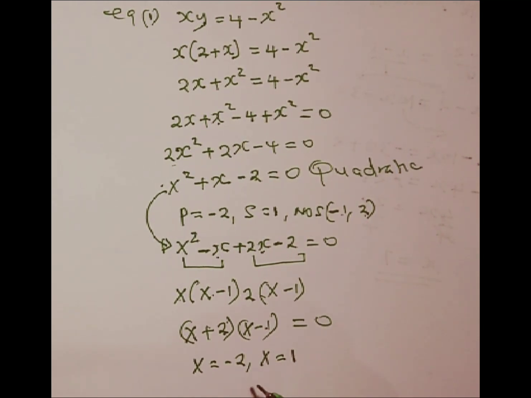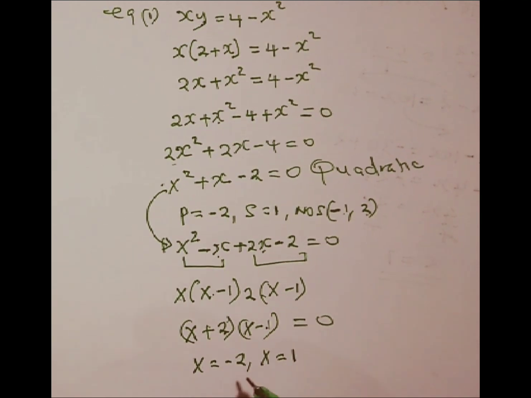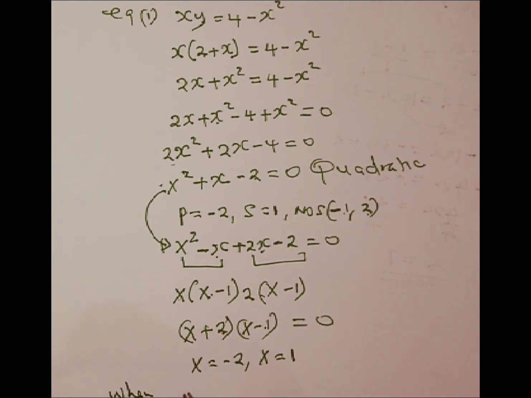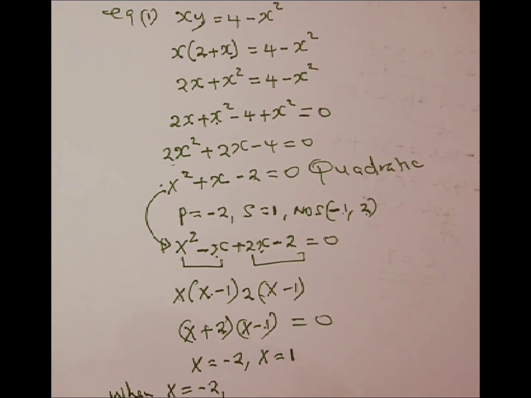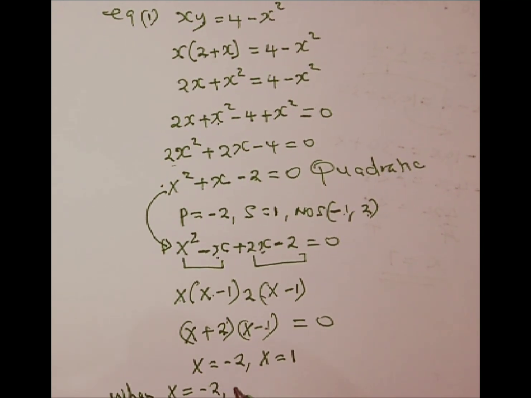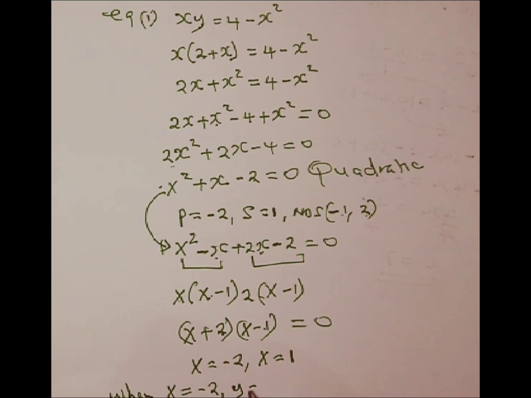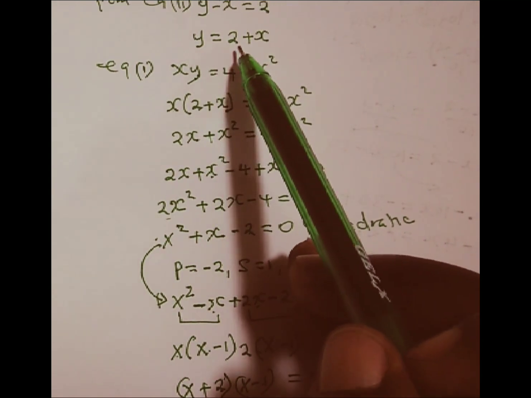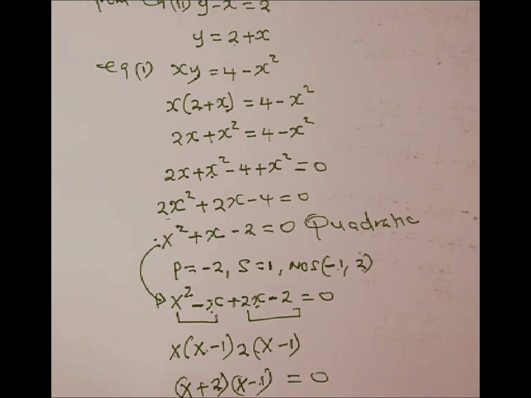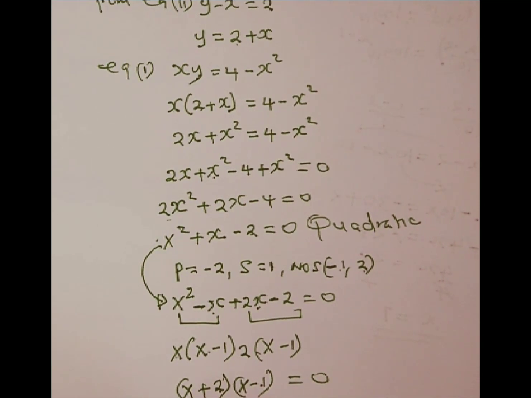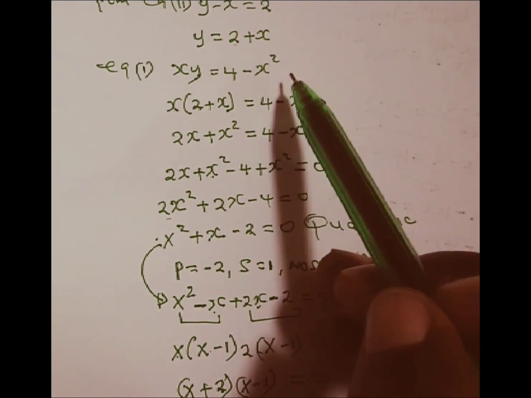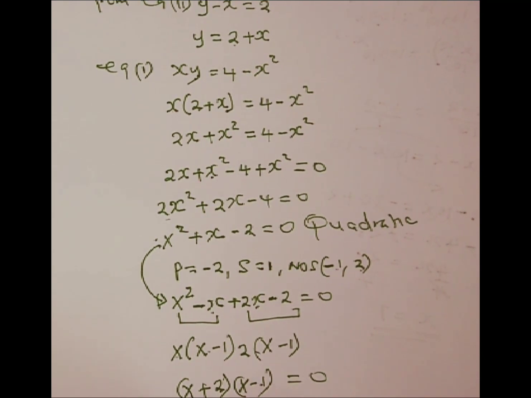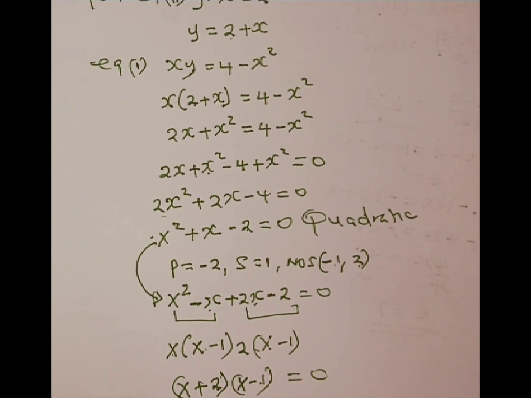Once we have the two values of x, we need now to find the two values of y, and we are saying when x is -2, what will be the value of y? Y will be equal to, we move back to the main equation where y is going to be 2 plus x, and therefore we take 2, we add -2, which is now our x, and therefore 2 plus -2 is the same as 2 minus 2, giving us the value of y being 0.